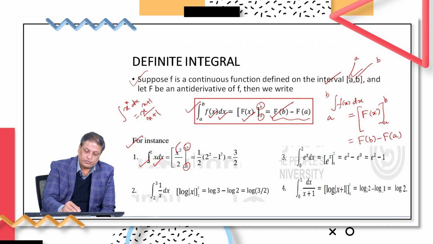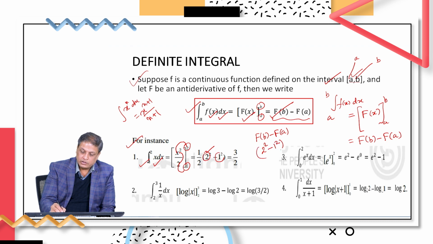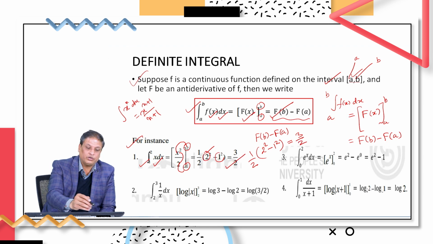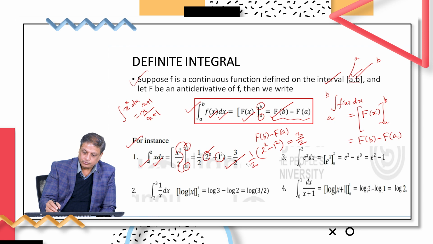In place of x, first substitute the value 2, so you get 2 square, and then substitute 1 in place of x, you get 1 square. The entire answer F(b) minus F(a) will turn out to be 2 square minus 1 square, whole into 1 by 2, and this turns out to be 3 by 2. So, this is how you got the first answer.